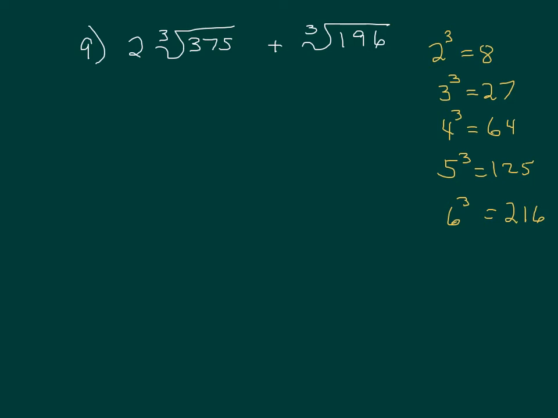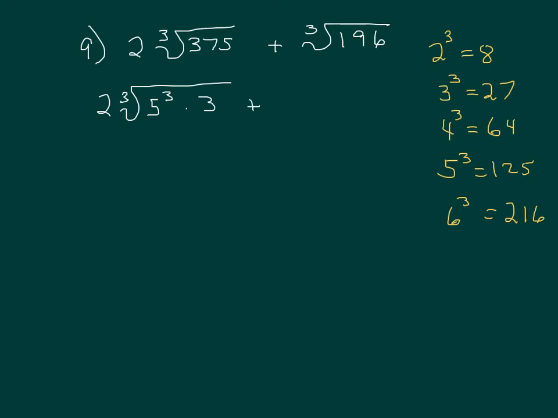Okay, now let's look at 375. We're going to try to find something that goes into 375 evenly. 216 doesn't, it's too big. 125 does. 125 times 3 is 375. And since 125 is 5 cubed, we found a perfect cube factor. So we can rewrite the 375 as 5 cubed, which is 125, times 3.